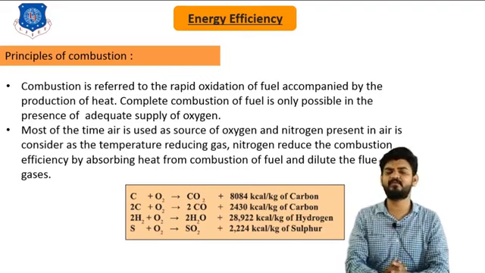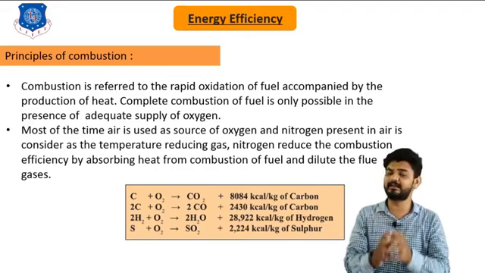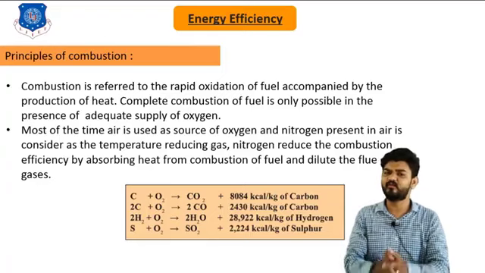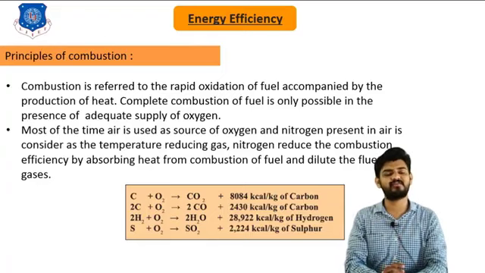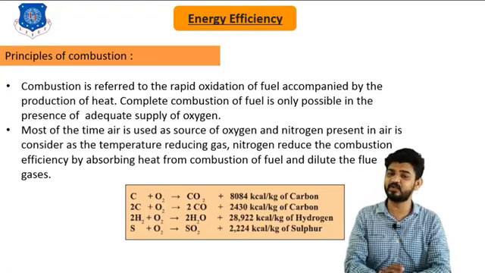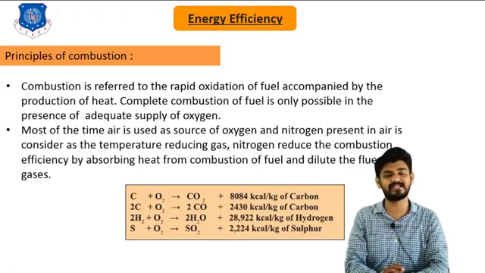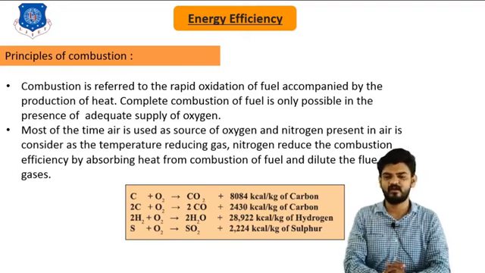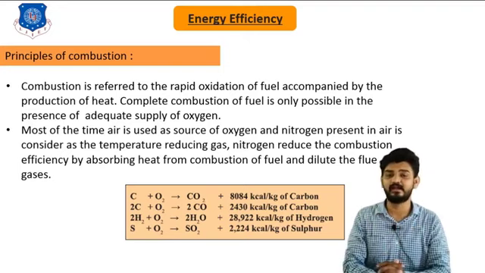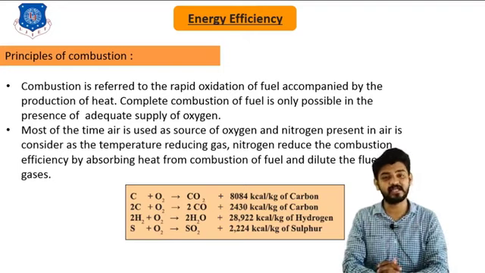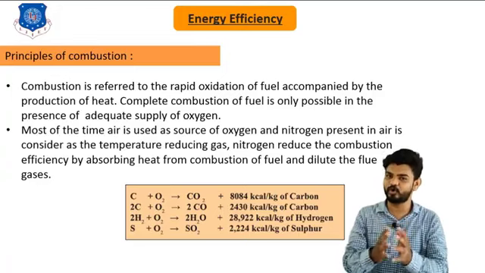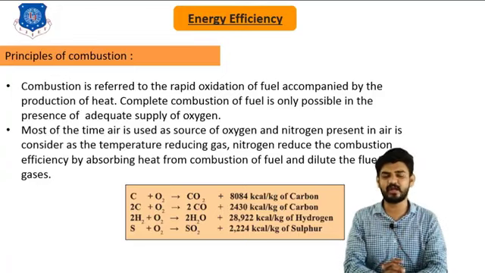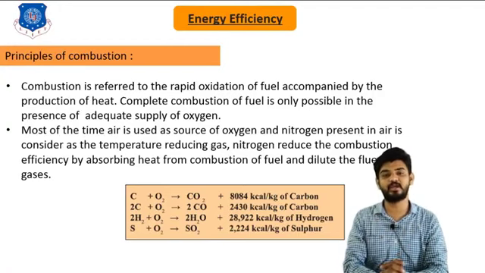Here are some examples of typical combustion reactions. When 1 mole of carbon reacts with 1 mole of oxygen, it produces carbon dioxide and releases around 8000 kilocalories per kg. While if 2 moles of carbon react with 1 mole of oxygen, they produce carbon monoxide and liberate energy of around 2400 kilocalories per kg of carbon.